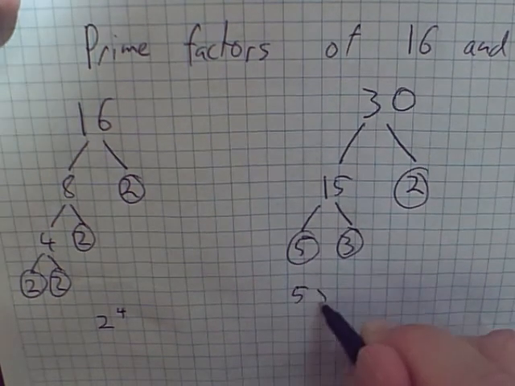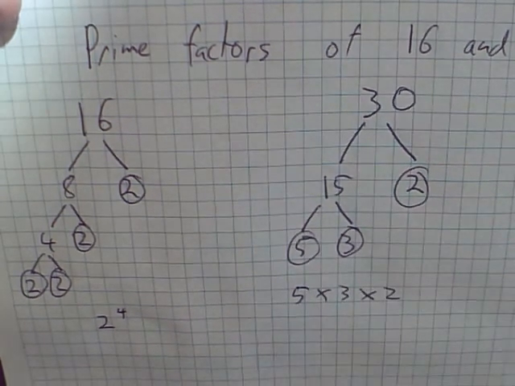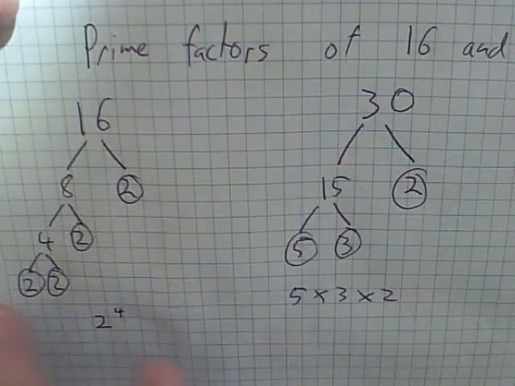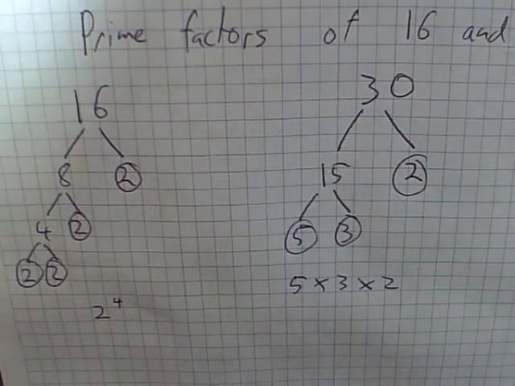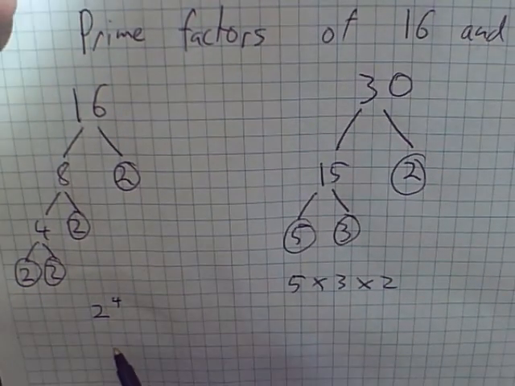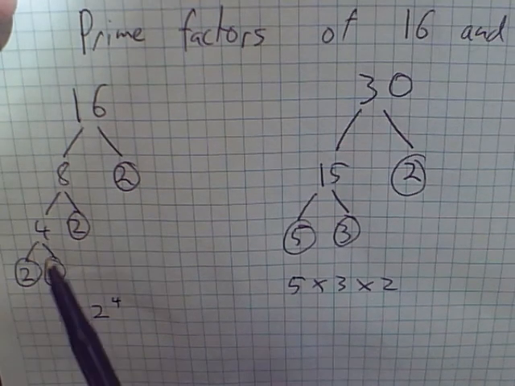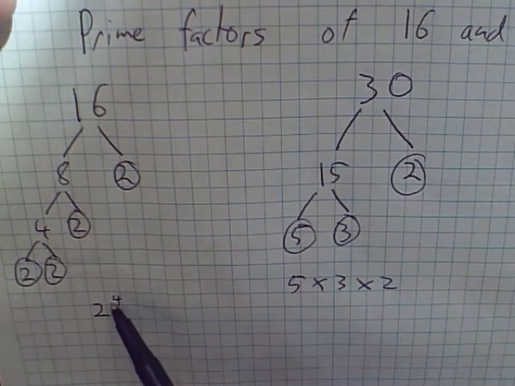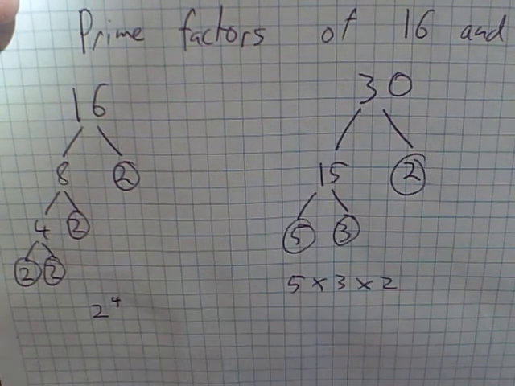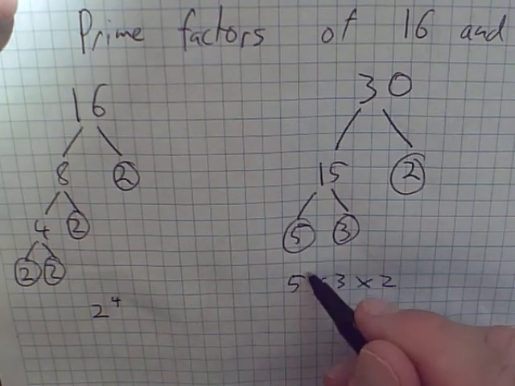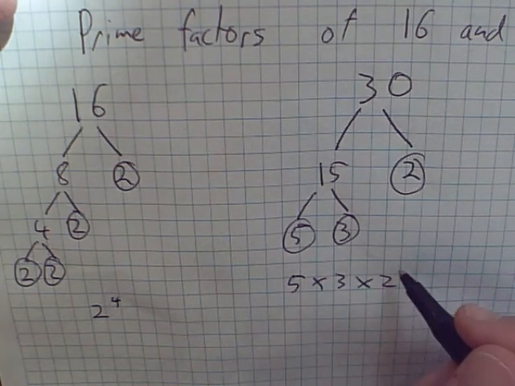Now, the way in which you can use this information to find the lowest common multiple of both of these is to say, which one has got the highest number of twos? So 2 to the power of the highest amount. These are the same as 5 to the power of 1, multiplied by 3 to the power of 1, multiplied by 2 to the power of 1.